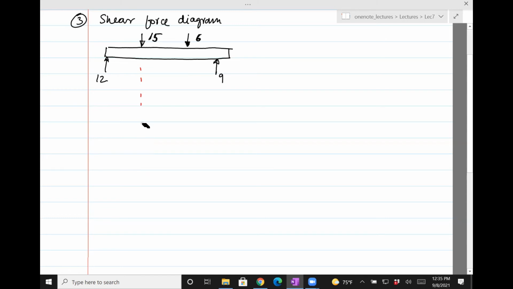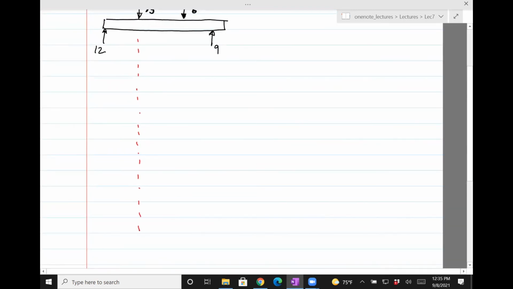If people are writing on paper, they might find it hard. I can actually draw it and move it around, but if you're writing on paper, you will not have this. Okay, let me just do it this way, how it will be eventually.